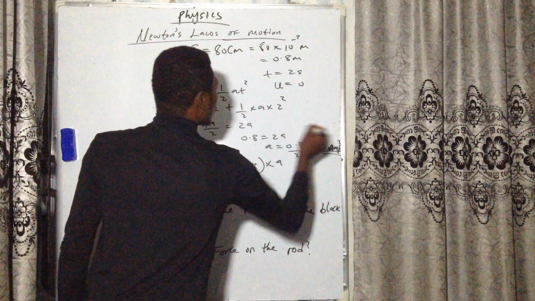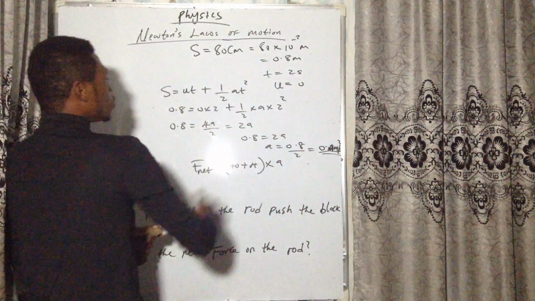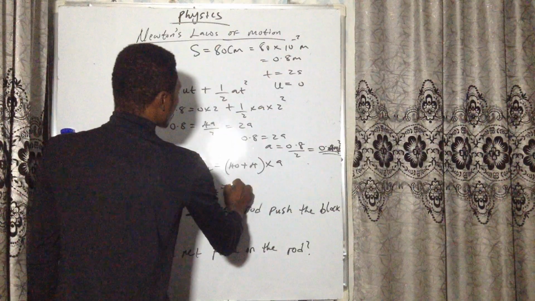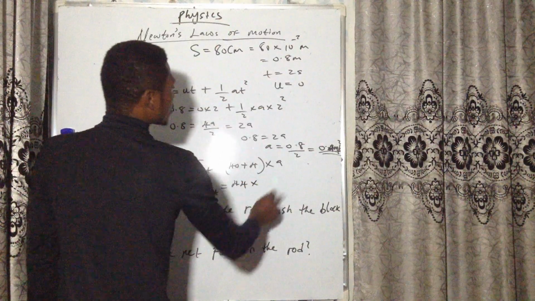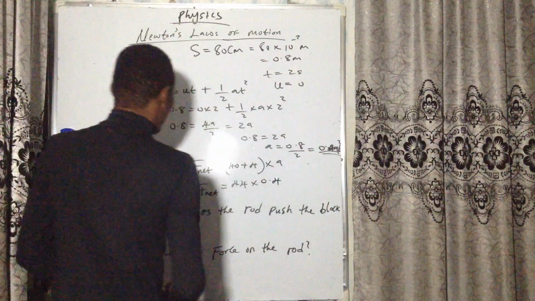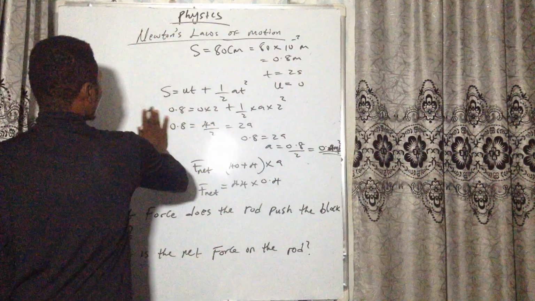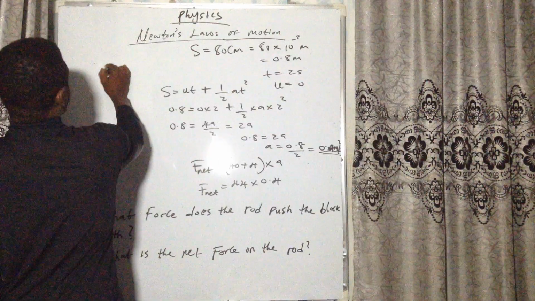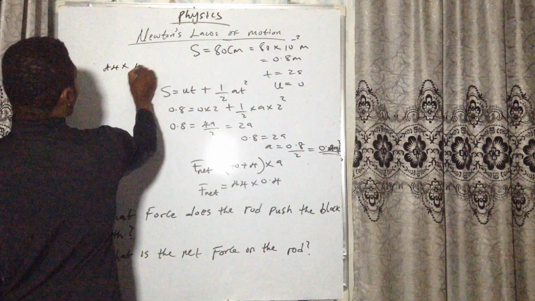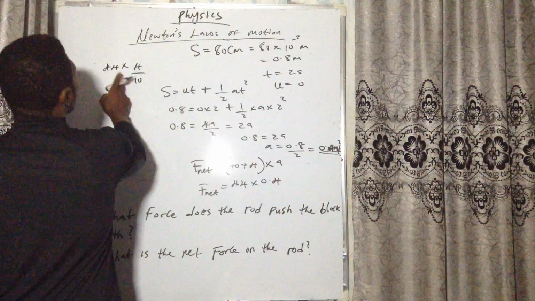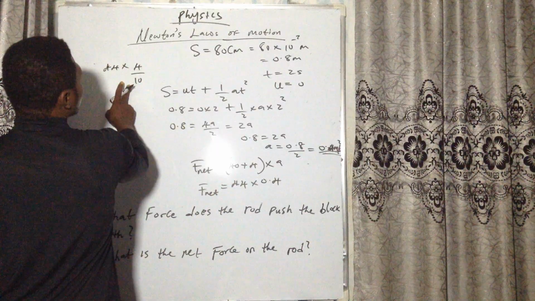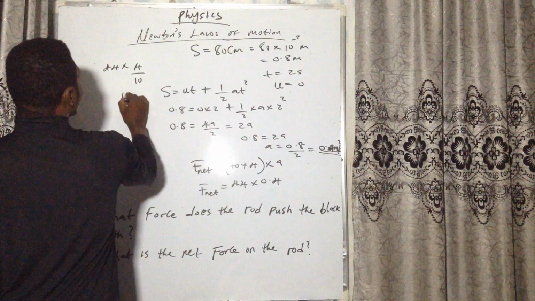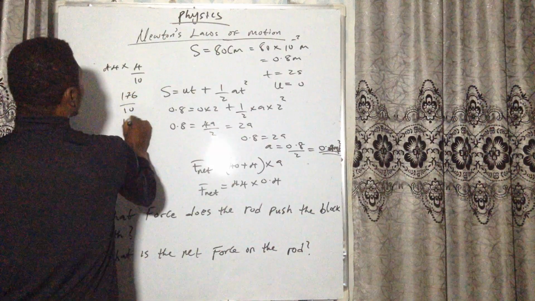Okay? So now when we substitute it here, the net force will be equal to what? 44 times 0.4. That is 44 times 4 over 10. 4 times 40 is 160, 4 times 4 is 16, which is 176 over 10, which gives us 17.6.